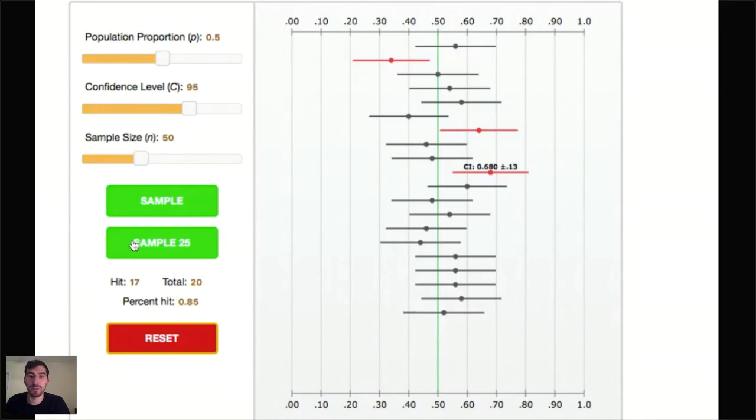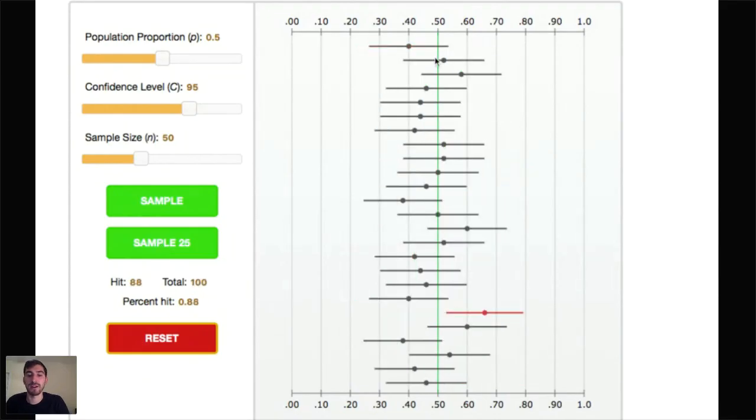And to Jess's point, if I keep sampling, and I'm going to skip ahead, all right, I have just done 100 samples in this situation. I've done 100 trials. My 95% confidence interval procedure actually only created 88 intervals that contained the correct answer out of 100, which is fewer than I expect.